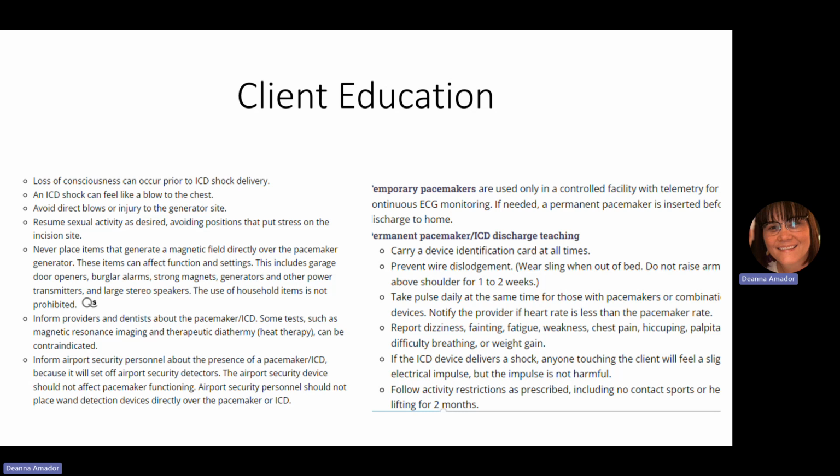Another thing to keep in mind is we should tell people if they do have an ICD that they could have loss of consciousness right prior to an ICD shock delivery. And that does make sense. If they go into a lethal dysrhythmia, then clearly they would lose consciousness from that. And then the ICD would deliver the shock. It does feel like a big blow to the chest, and it's extremely uncomfortable. So it's important to let them know this.